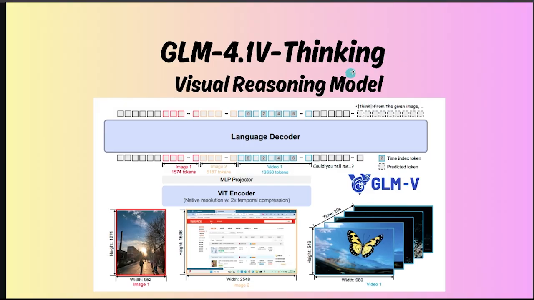Maybe I'm wrong about that. Visual reasoning models are mostly vision language models that can also do reasoning, like we know from most LLMs these days. This one is trying to apply some reasoning logic to VLMs, basically.